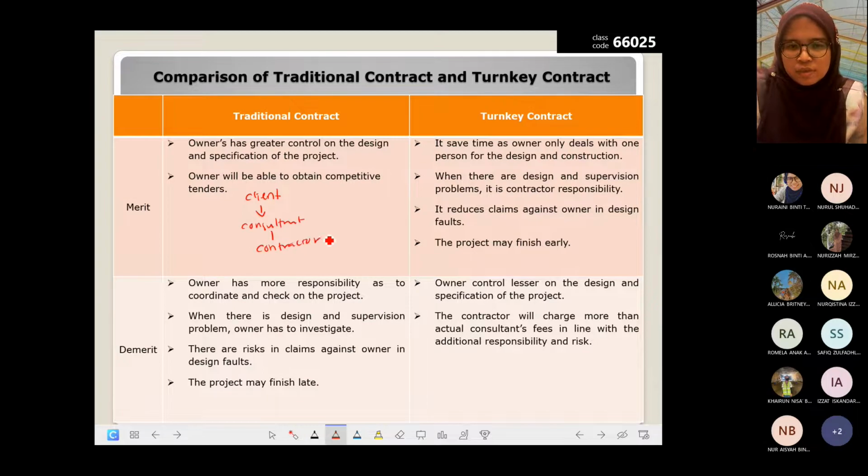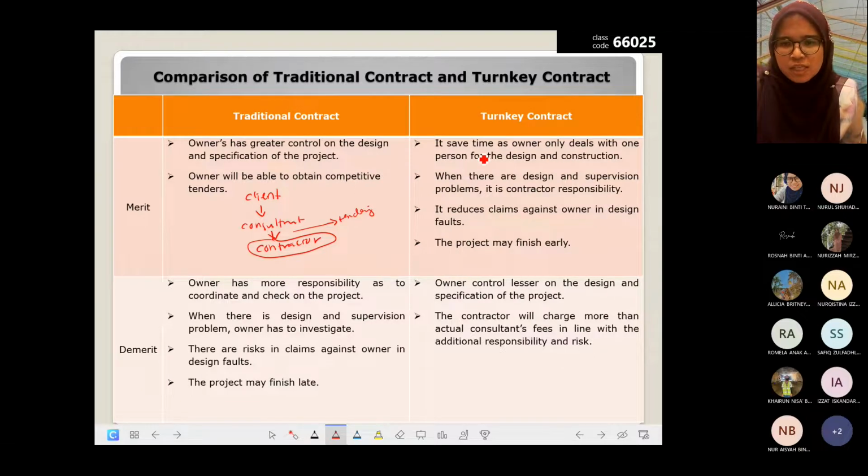So owner will be able to obtain competitive tender, during the tendering lah. So owner boleh select dia punya contractor. So dia boleh tengok history of the contractor project sebelum ni siap bila ada masalah ke tak kan. So lagi senang dia nak trace the contractor.